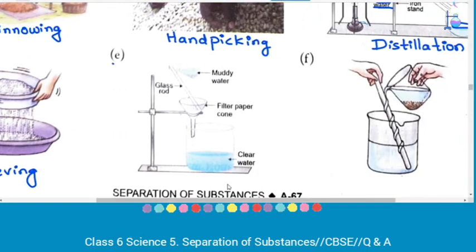Observe the figure of E. It is a filtration method or filtering. So in this figure E, the filtration method is used, and in the figure F, observe the figure here. So here the decantation method is used.